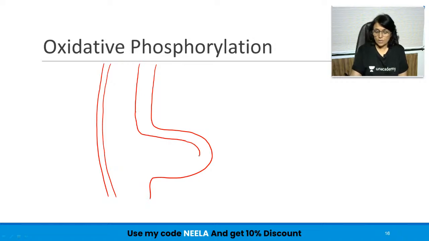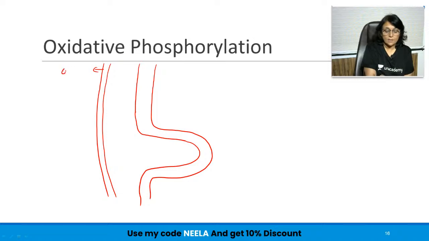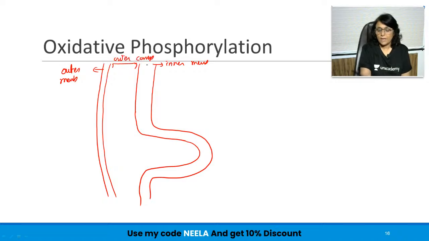The folds in the inner mitochondrial membrane are called cristae. Label this again: outer membrane, inner membrane, and this is the outer compartment. What is here inside is all matrix.